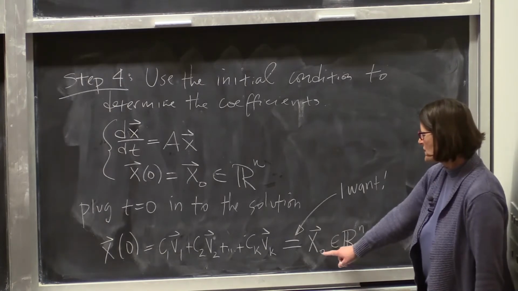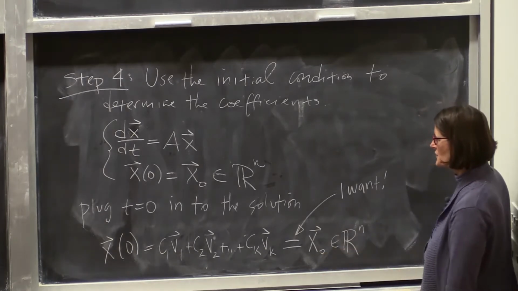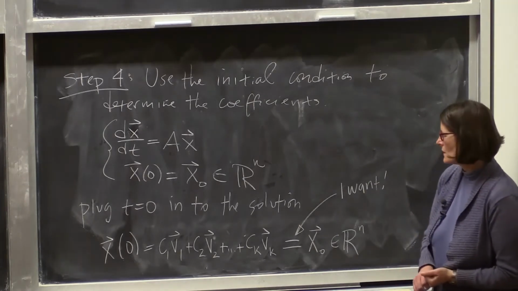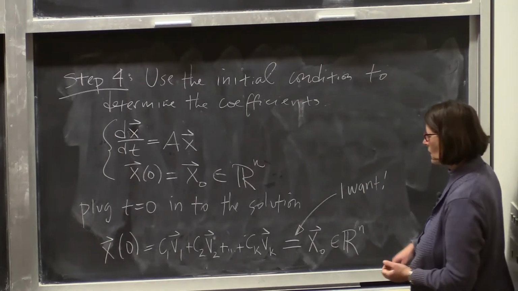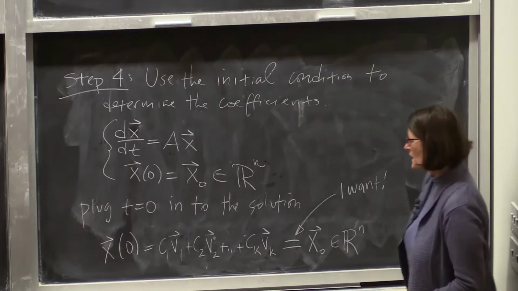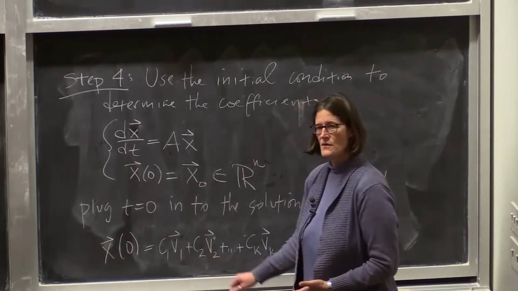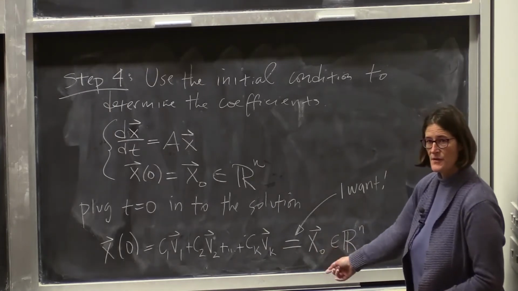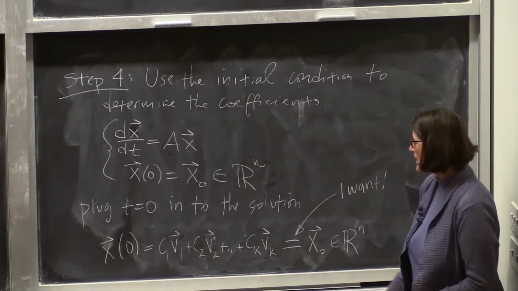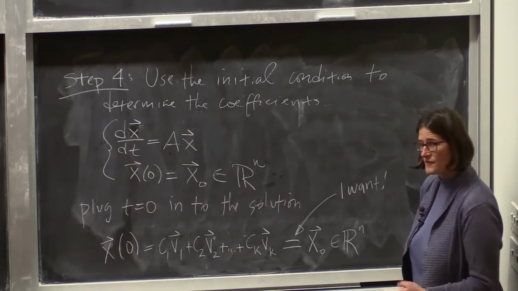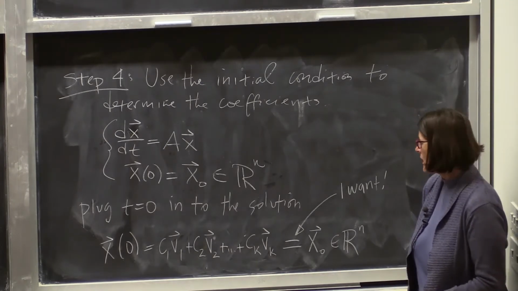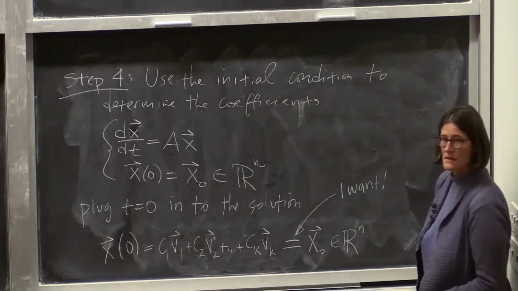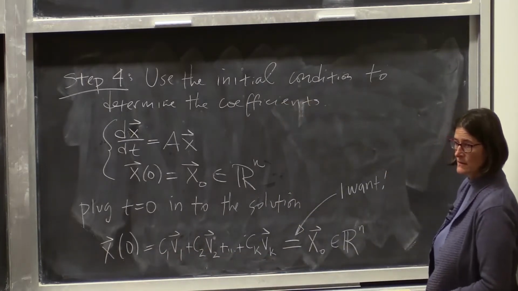If I'm going to be able to satisfy every possible initial data, if I want my solution to work no matter what the initial data is, if I'm in R3, would it be enough to have only 2 eigenvectors to build every possible initial data in R3? No. If I were in R5, would it be enough to have 4 eigenvectors? No. If I'm going to be able to satisfy this, I need at least n eigenvectors.